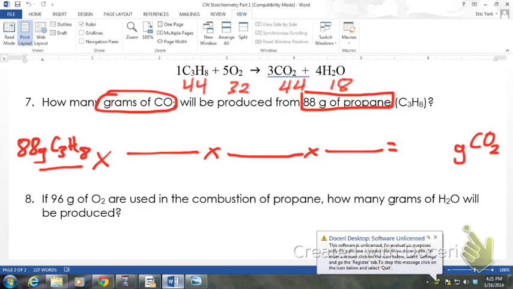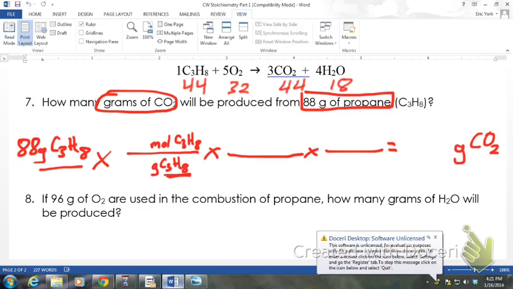Because we have grams of C3H8 on top, we want to put grams of C3H8 on bottom. And I just told you that according to the roadmap, we want to convert that to moles. Now, we aren't changing the chemical yet. We're still dealing with C3H8, so this should be C3H8 up here. We haven't changed it to a different chemical. All we've done is converted from grams into moles.